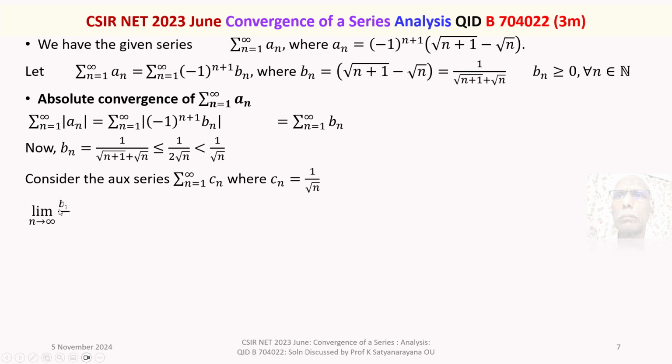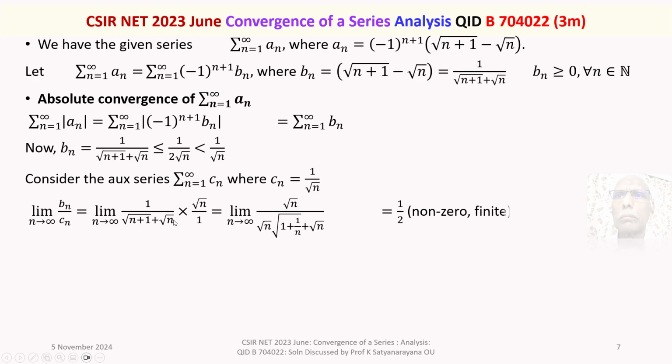So, now limit n tends to infinity bn by cn is equal to limit n tends to infinity of 1 by root of n plus 1 plus root of n, times root n by 1. We have taken root n common in the denominator, that is root n into the square root of 1 plus 1 by n plus root n.